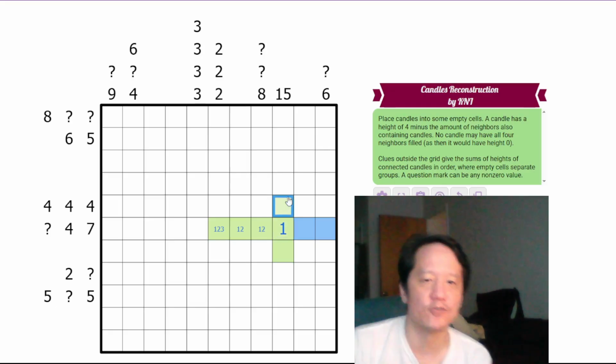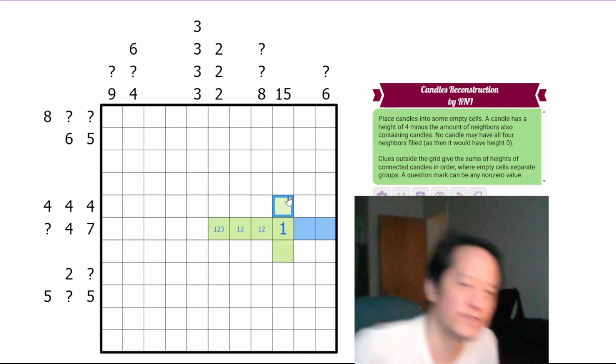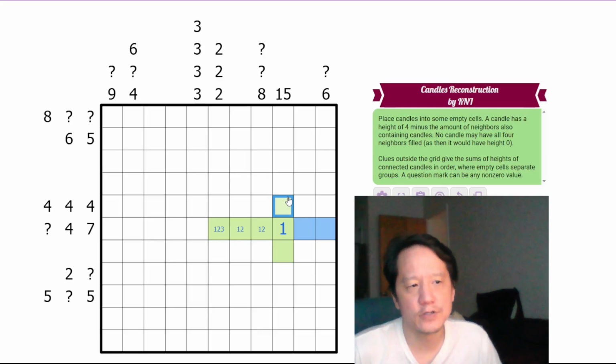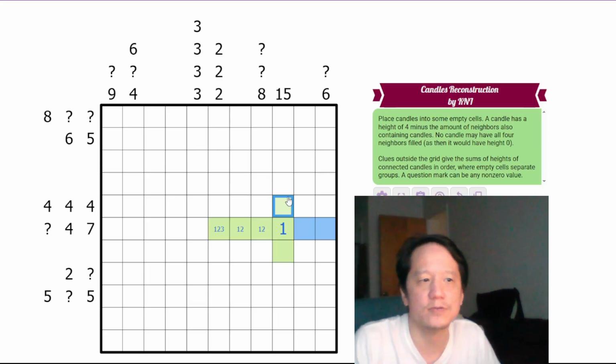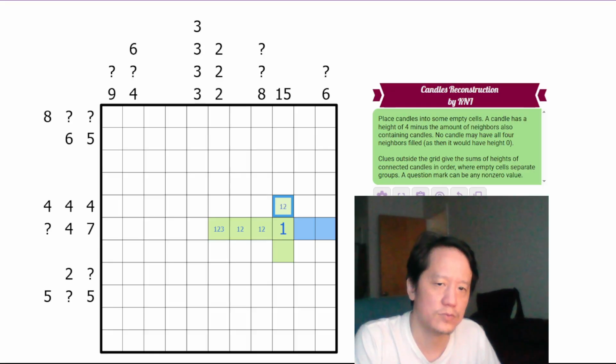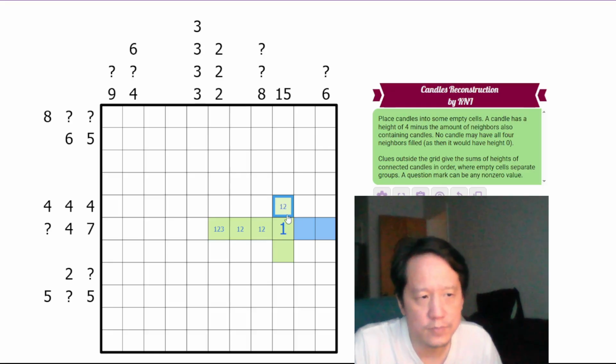This can never be 4 by itself, so it has to share an edge with something else here. So this is 1 or 2. Because it cannot be 4, it's basically by itself, and therefore it has to add up to 4 as a set. So this is 1 or 2.